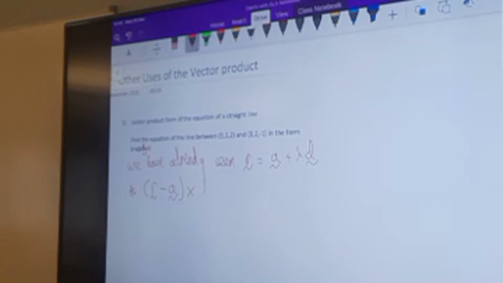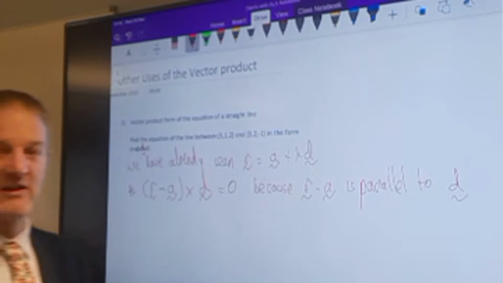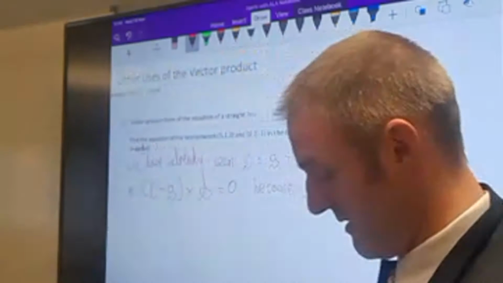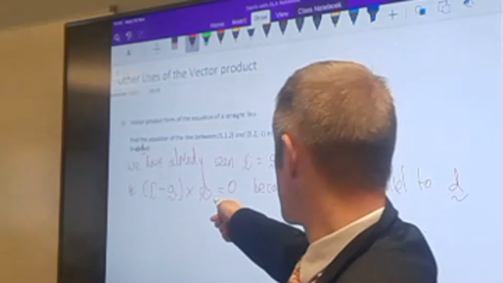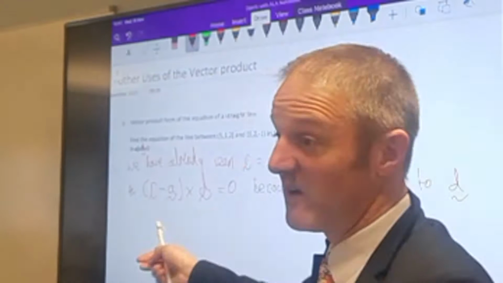So (r minus a) cross d is 0, because r minus a is parallel to d. Make a note that the cross product of two parallel vectors is 0. And that actually is yet another vector equation of a line.